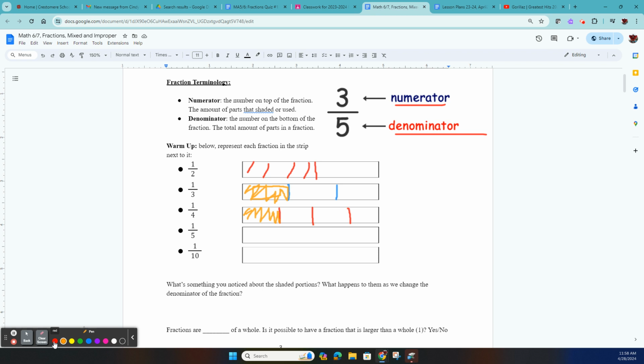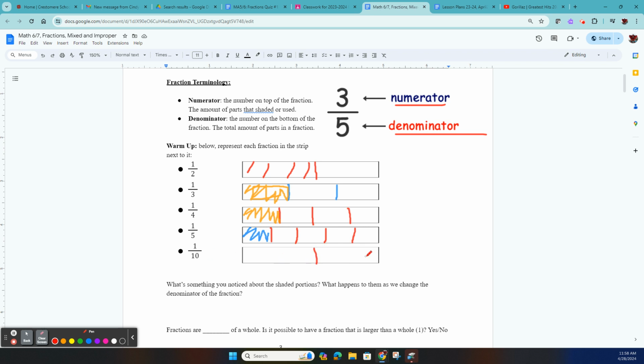Cool. Now we're talking fifths. Let's keep going. I need to have 5 equal parts. I might mess this one up. 1, 2, 3, 4. Yeah, those aren't great, but they'll do for now. 1/5. And lastly, 1/10. Again, that's an even denominator, so I'll just cut it in half.